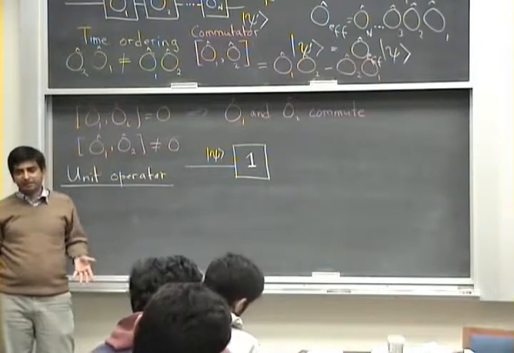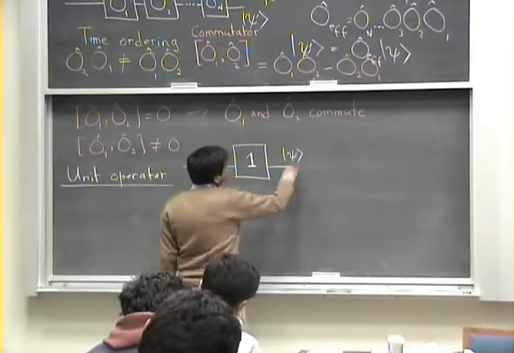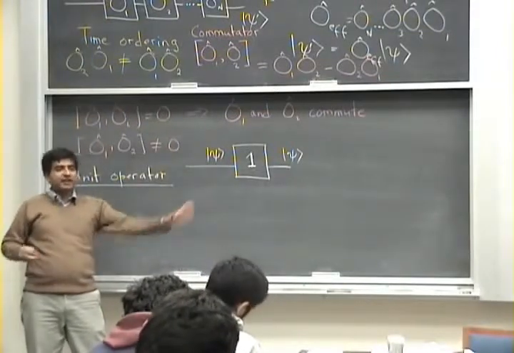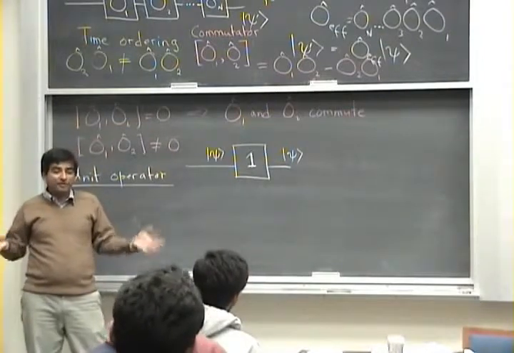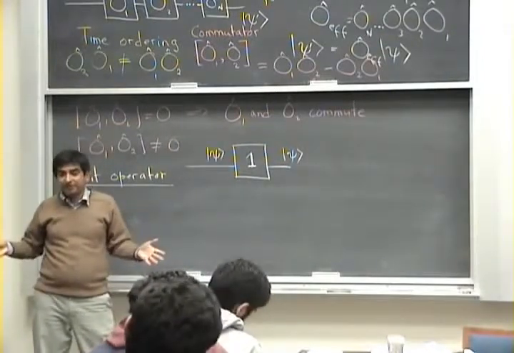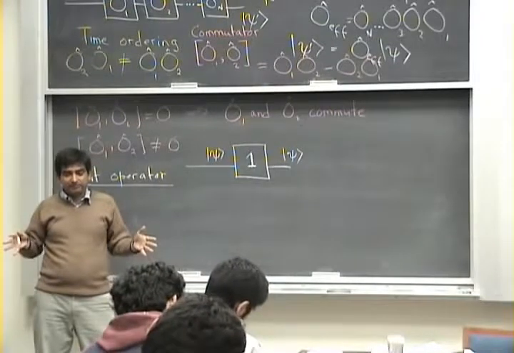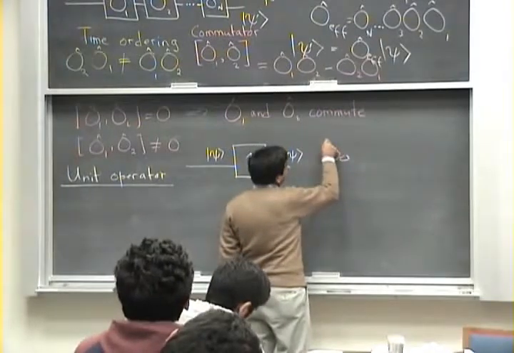It's an identity operator. Nothing happens to the state. So a photon just traveling in vacuum, it's a quantum object. If nothing happens to it, the operator for this process is the unit operator, sorry, not unitary, it's unit operator. Unit operator means do nothing to the state.